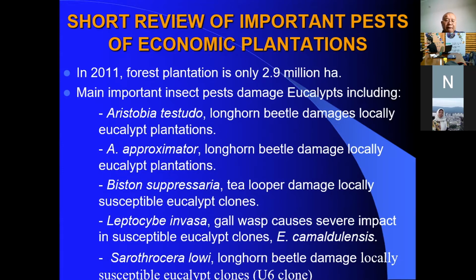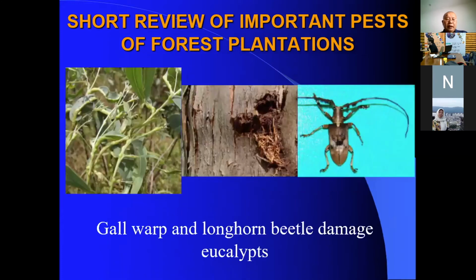And Leptocybe invasa is a gall wasp causing serious impact to susceptible eucalyptus clones and Eucalyptus camaldulensis. Another one is Sphaerion rabies, a longhorn beetle, damaging locally susceptible eucalyptus clones. Here is a picture of the wasp and longhorn beetle attacking eucalyptus in Vietnam.